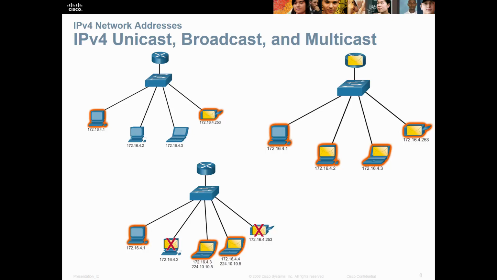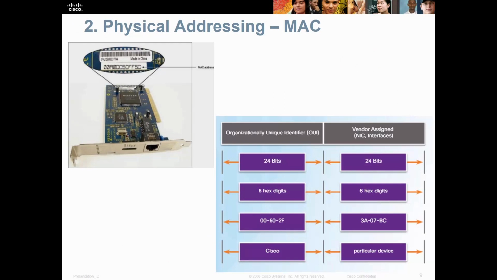Alright, so now we know a little bit about the logical IP address, its structure, and its types. The second address that you're going to be running into in this course is a physical address. The physical address is also known as the MAC address, and that's an address that's burned into the hardware of the device.